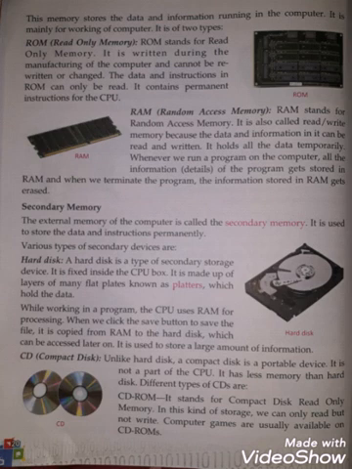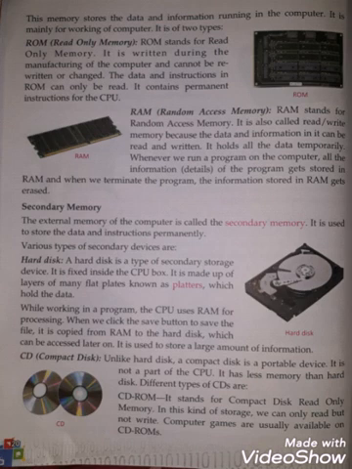It is of two types. Primary memory stores all the data and information that is running on your computer. Mainly this memory is for running the computer itself. It is basically of two types. First one is RAM and second one is ROM.